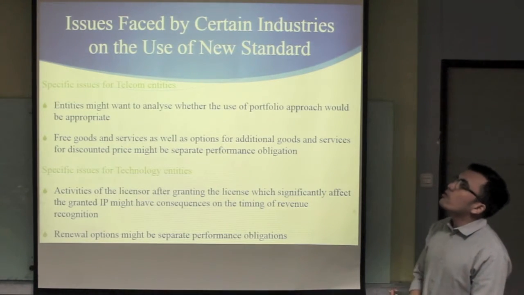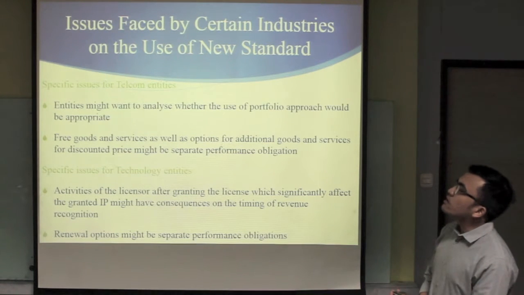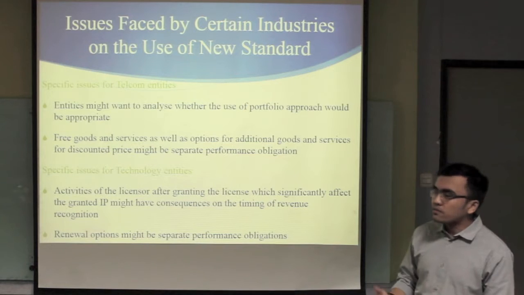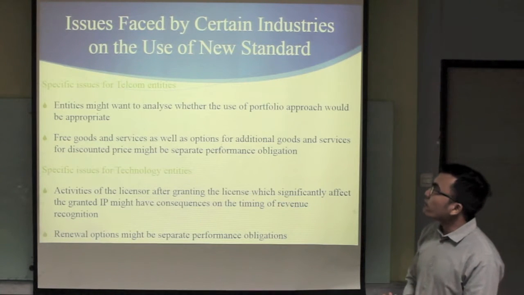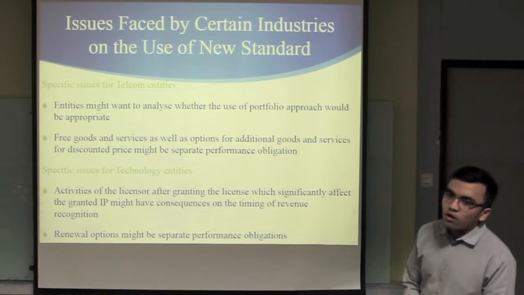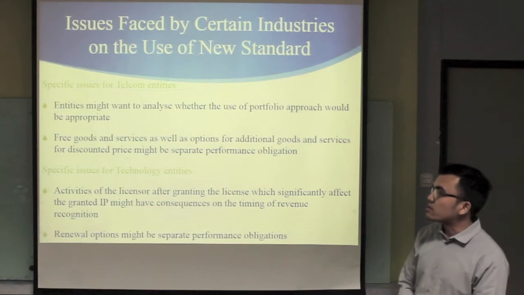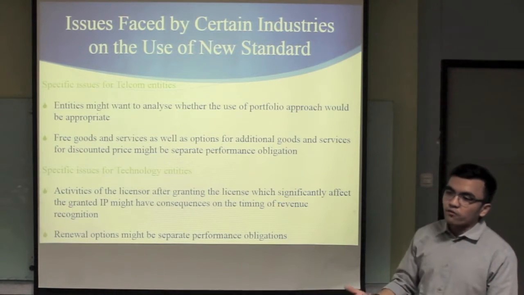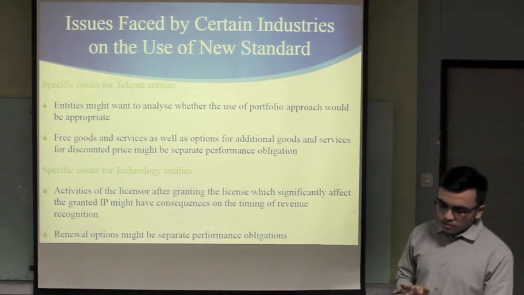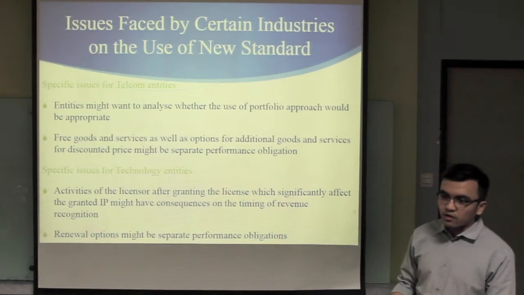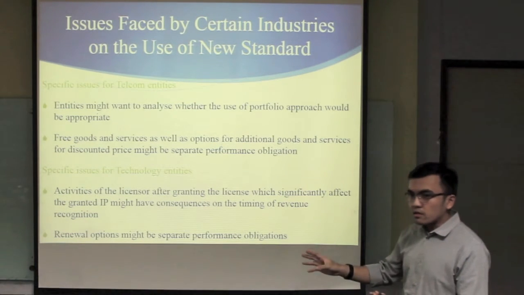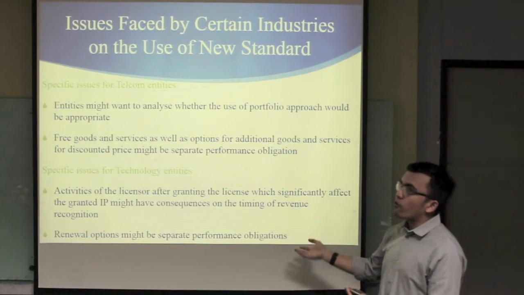So we're going to move on to certain entities or industries that will have issues in trying to adopt these new standards. We are going to discuss four specific industries, but there are actually more than just these four.